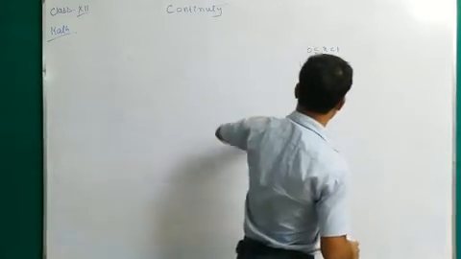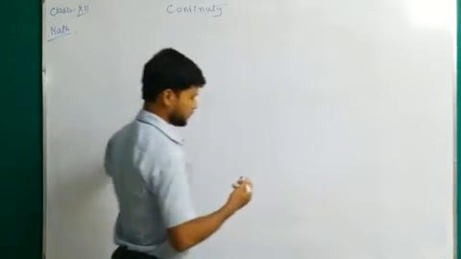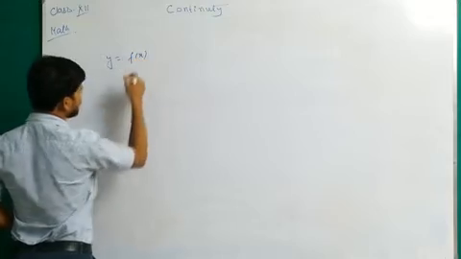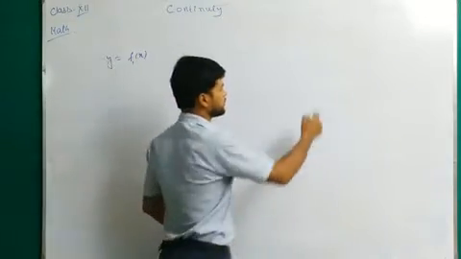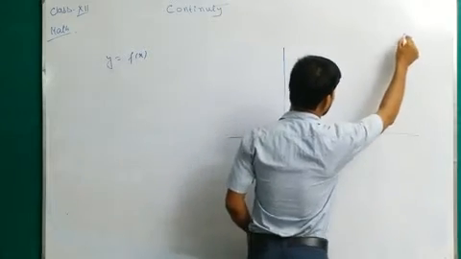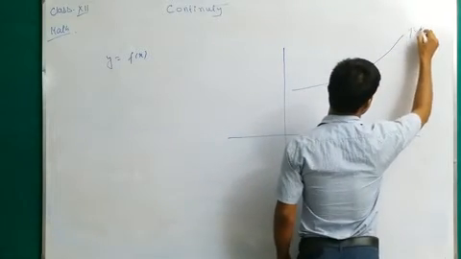So let us consider a continuous graph y equal to f of x, which is continuous on every point of its domain, and this is the graphical representation of the graph y equal to f of x.